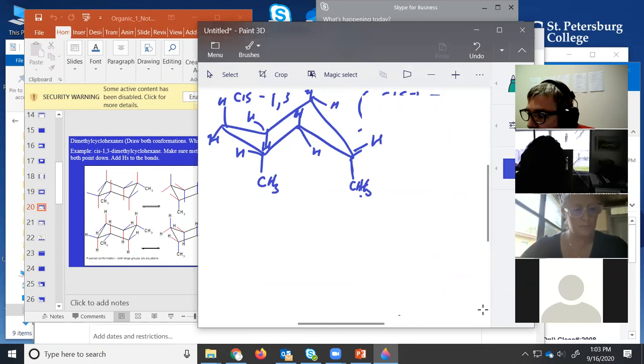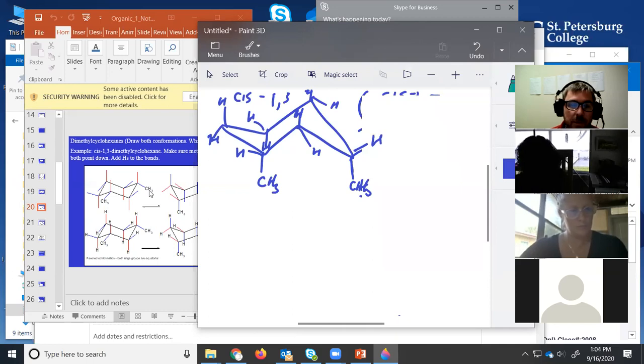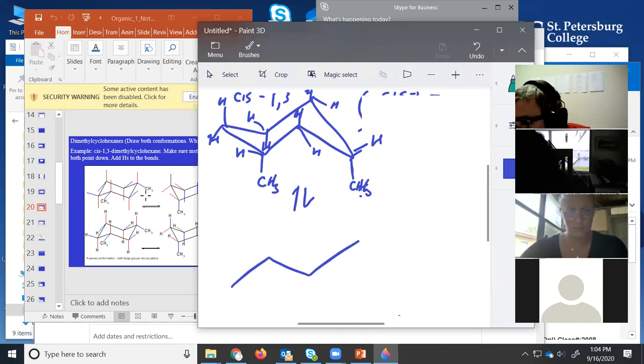Now, if I had done it with them both sticking up, they would have been both equatorial, which would have been fine, by the way. Okay, let's look at what this looks like in its second form. So we do our axials again.